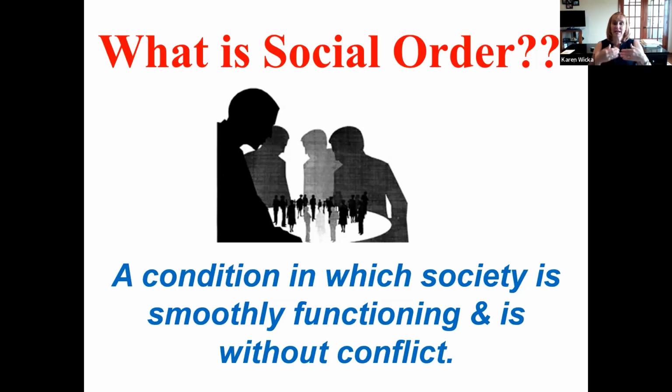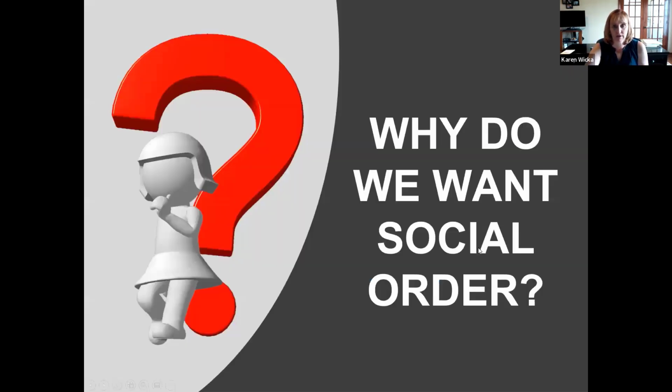We want society to run smoothly. We want to have some structure. We want to know we're going to live when we get in our car and we drive. So social order is the idea of having rules and things that we follow as a society, as a social compact, so that we all can live in a smoothly functioning social order or life without having constant conflict. And that is what social order is.